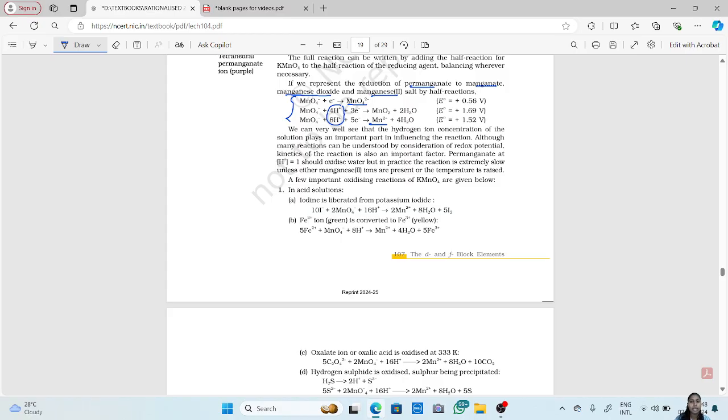Now, although many reactions can be understood by considering the redox potential, the kinetics of the reaction is also an important factor.